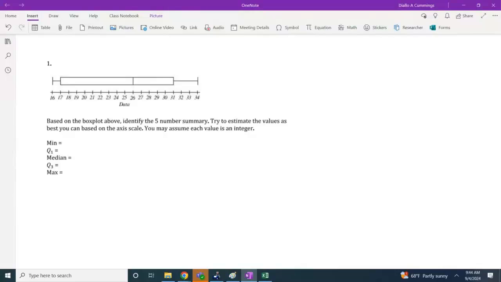All right, so it says based on, and this is called a box plot. So let me just explain what a box plot is. Sometimes it may be referred to as a box and whisker plot. So it consists of a main rectangular body.